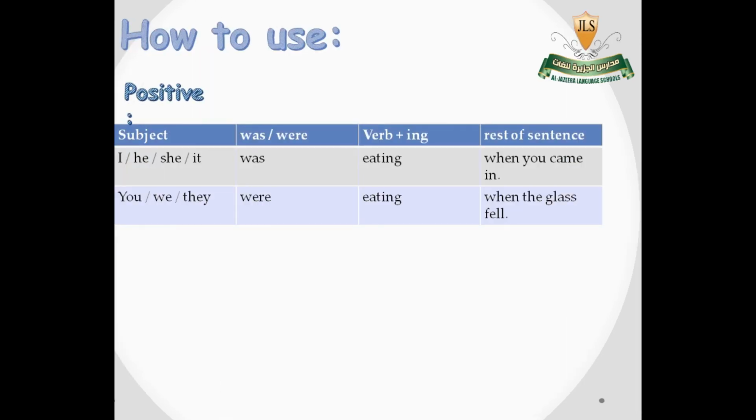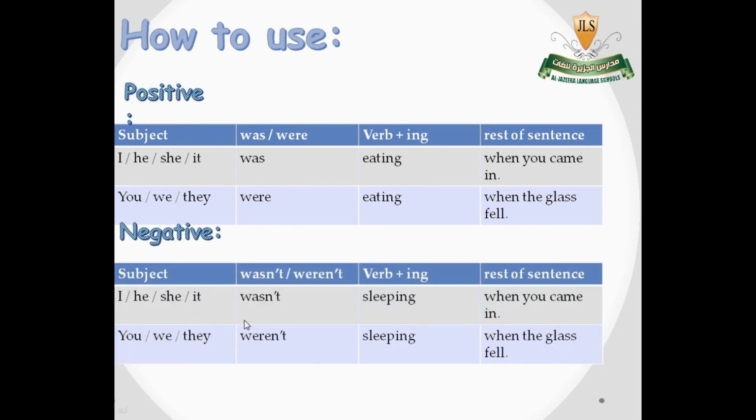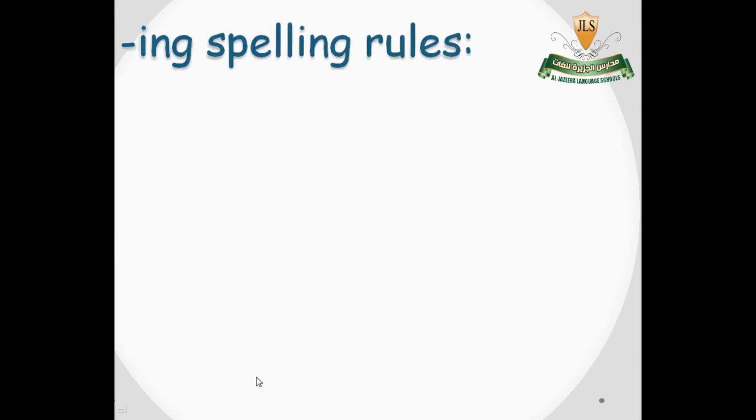In positive form, as I know, he, she, it takes was plus verb ing; you, we, they take were plus verb ing; and in the negative we put wasn't or weren't plus the verb ing. And the ing spelling rules, like talk, talking, carry, carrying.